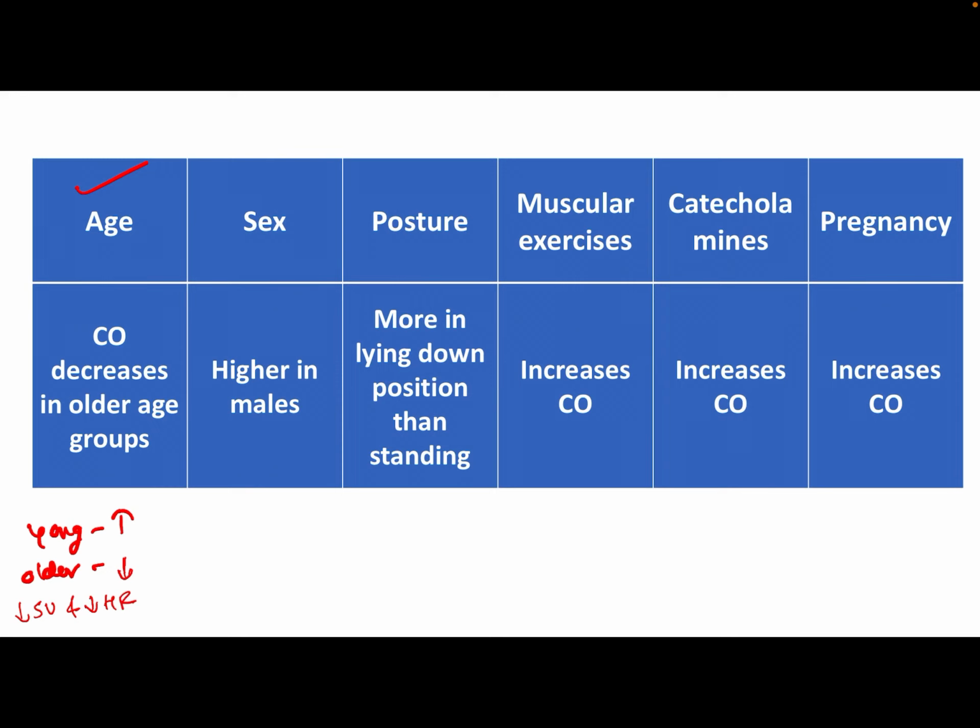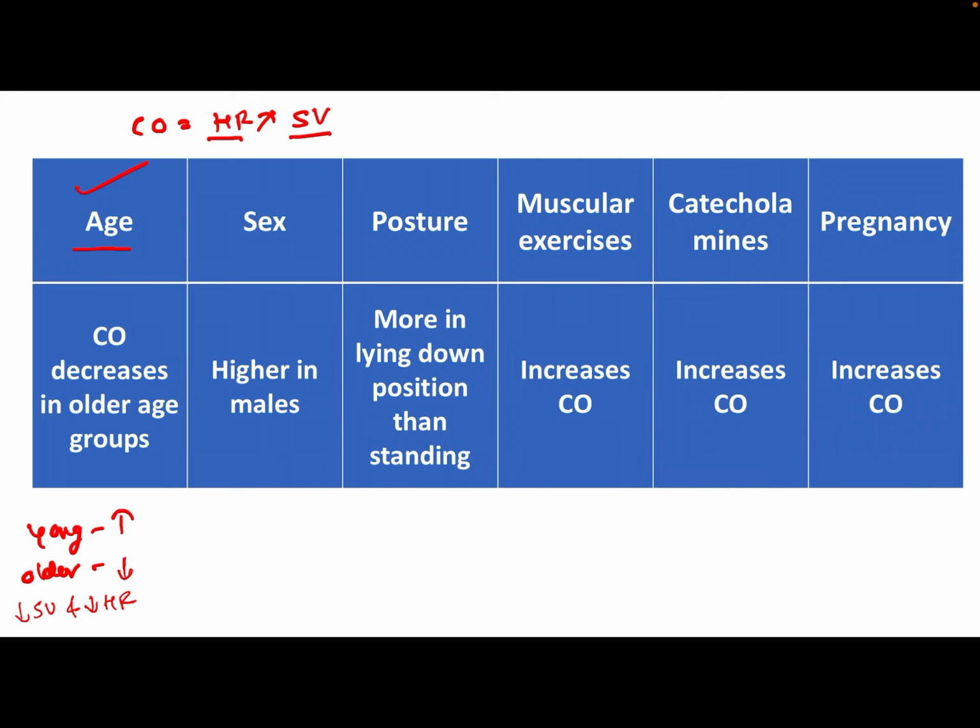We had seen the formula for the cardiac output, it is equal to heart rate into the stroke volume. So whatever factors increase heart rate, stroke volume, or both will increase the cardiac output, and the factors which decrease heart rate, stroke volume, or both will decrease the cardiac output. So in the younger age group there is more cardiac output as compared to the older one.